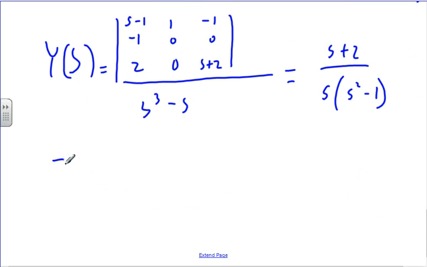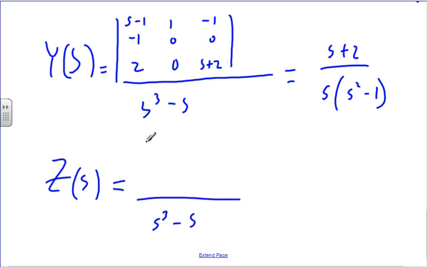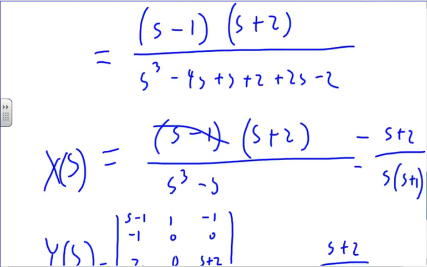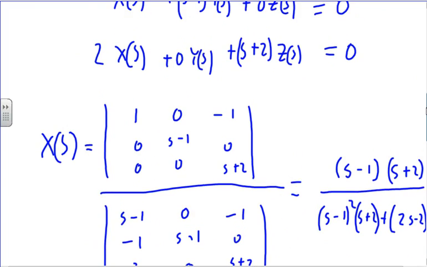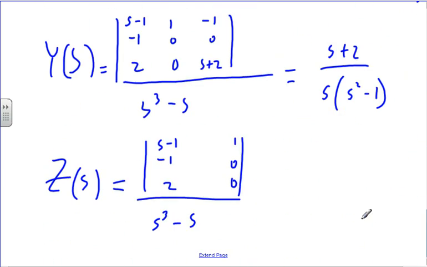All right, so z of s, I'm going to have the same s cubed minus s on the bottom. I'm going to have s minus 1, minus 1, 2; 1, 0, 0; and the middle guy is 0, s minus 1, 0.